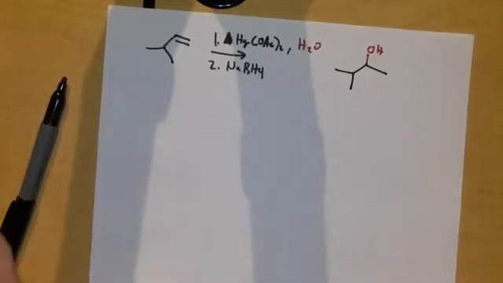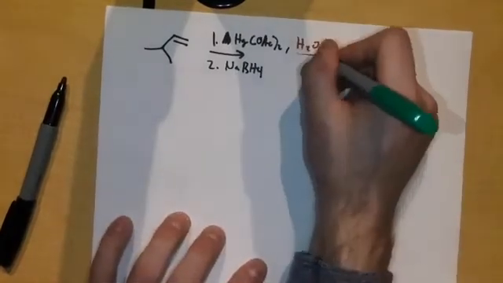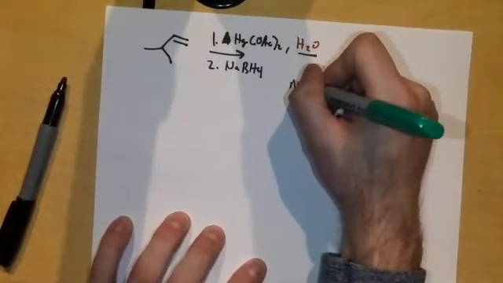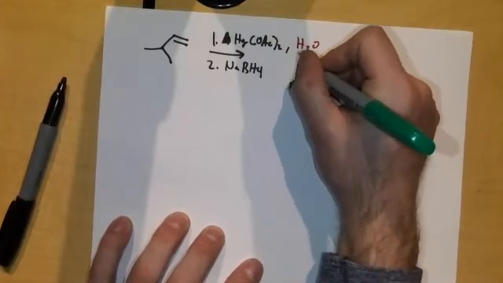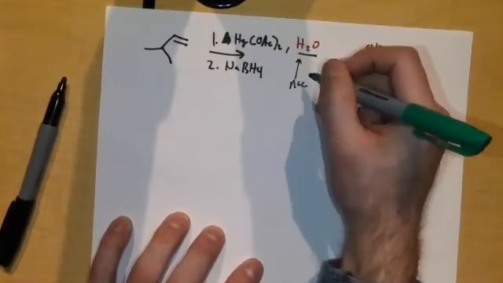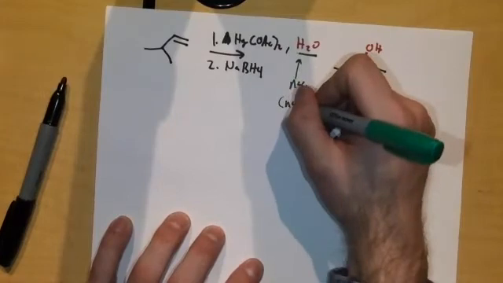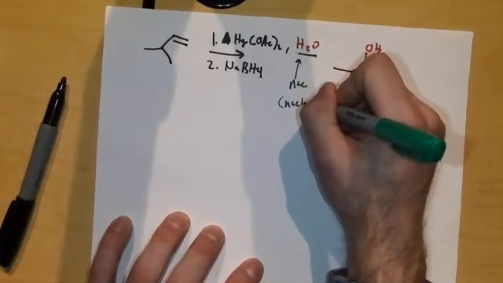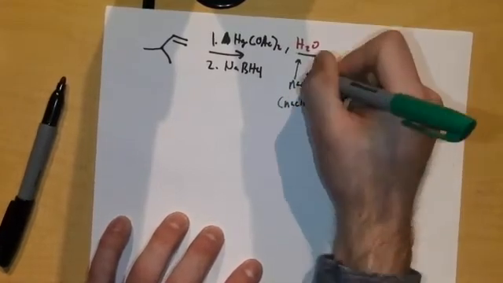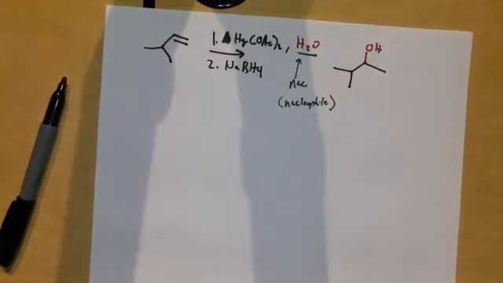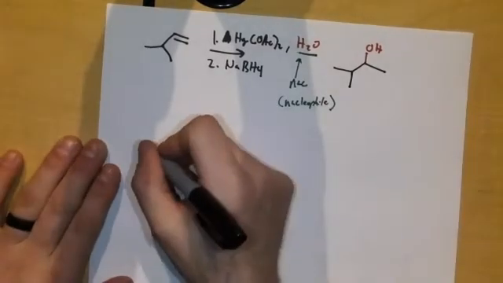This OH here is our nucleophile. I'm just going to write NUC for nucleophile. You'll see this a lot today. We can change this out for an alcohol, and it'll still do the same reaction. I'll go over the mechanism in a second.